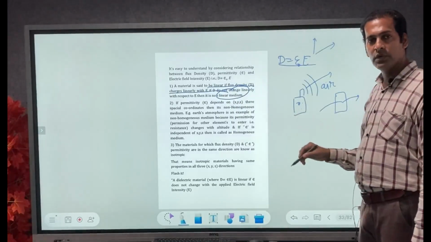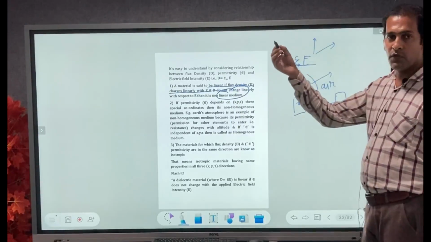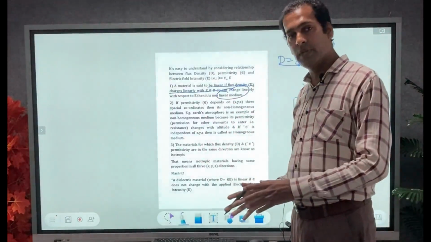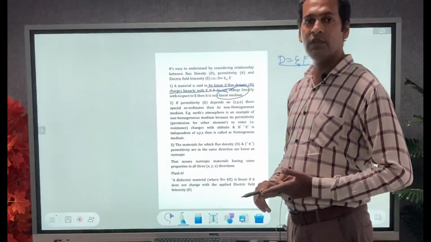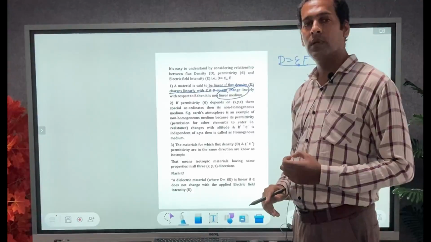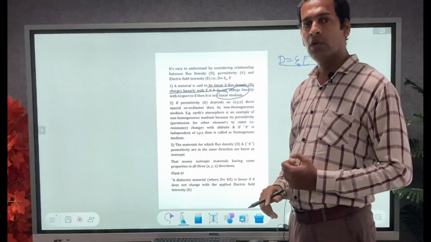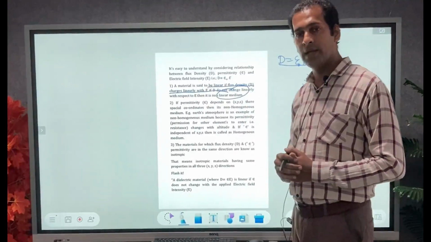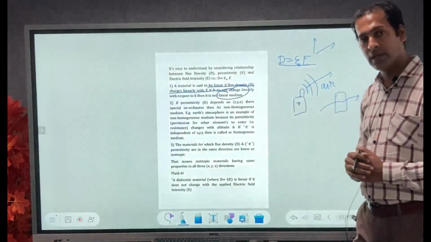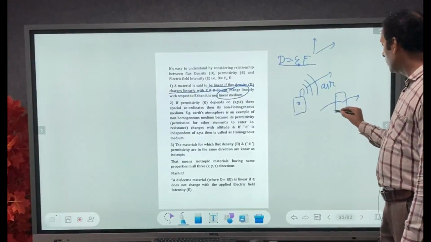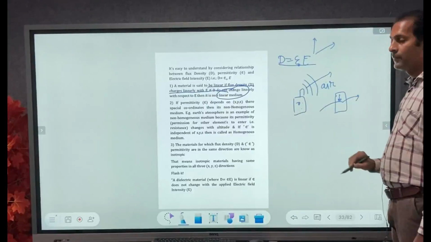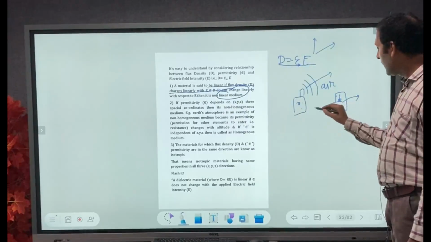A wall is made up of iron rods, cement, bricks and all. Each material will have different permissions, different permittivity to the flow of electromagnetic signal. If it goes through glass it will have different permittivity. So these are the mediums.